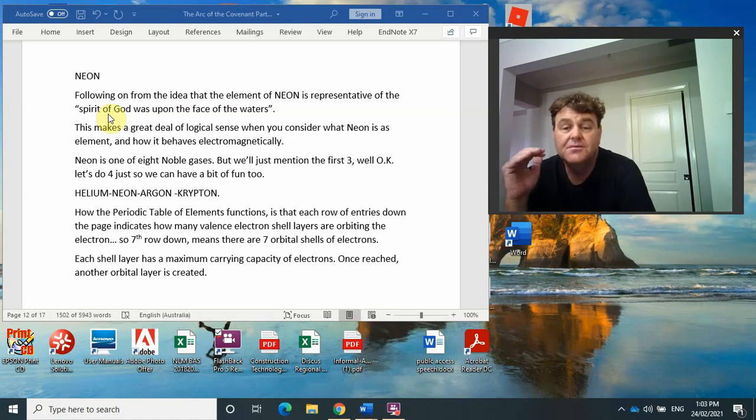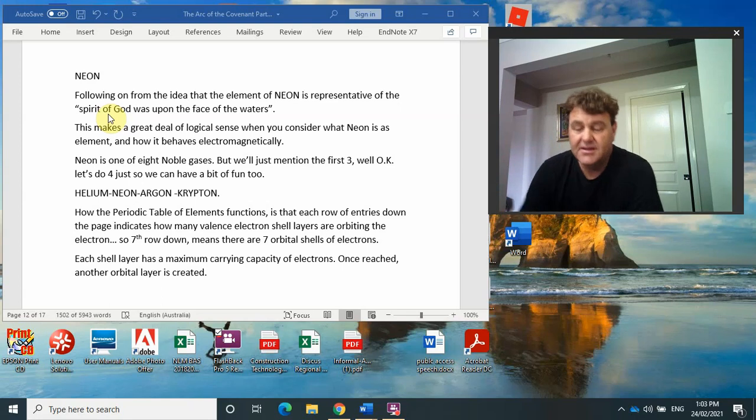So the 7th row down the table means that there are 7 layers of orbiting electron shells. Now each of these shell layers has a maximum carrying capacity of electrons, and once that capacity is reached, another layer is added on.